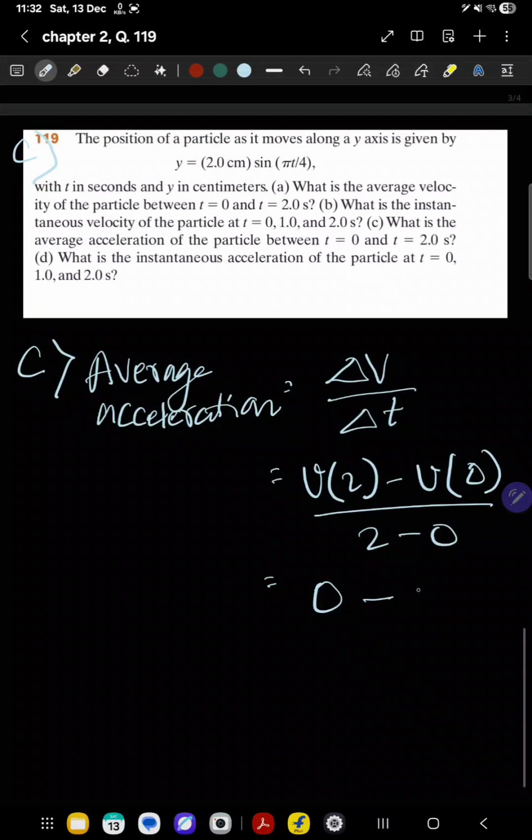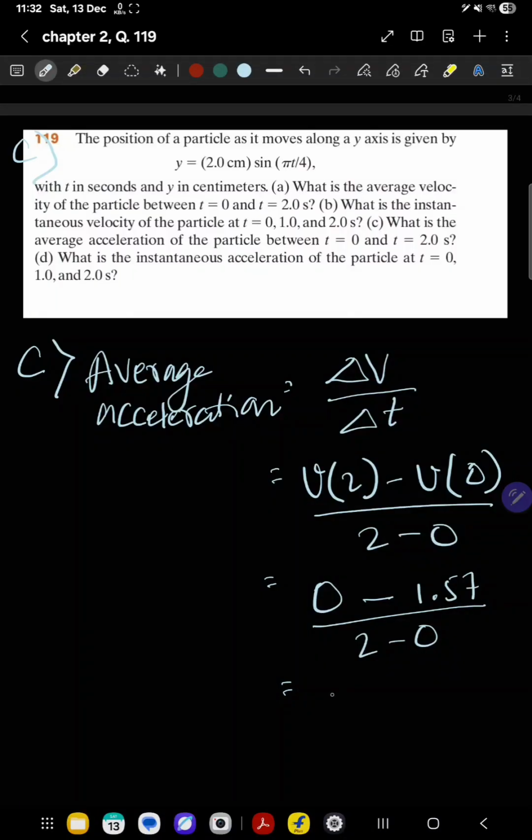So we write 1.57 by 2 minus 0. We will get minus 1.57 by 2, which gives us minus 0.785 centimeter per second square.